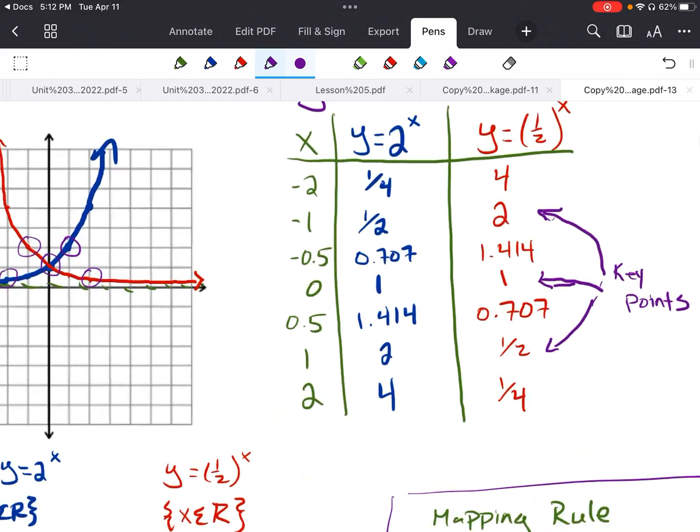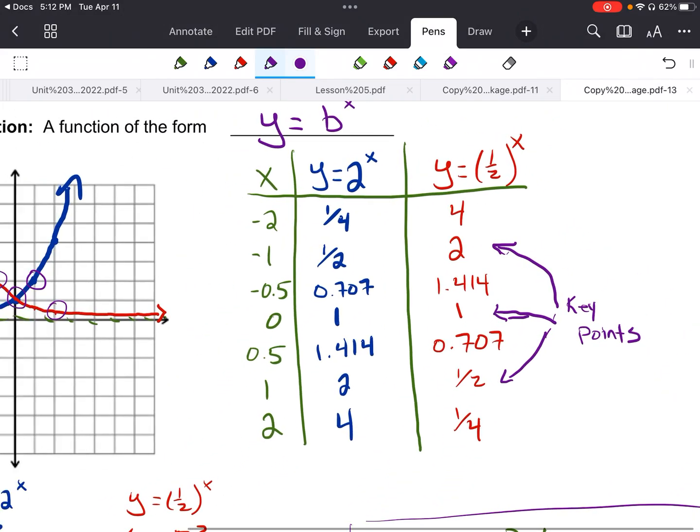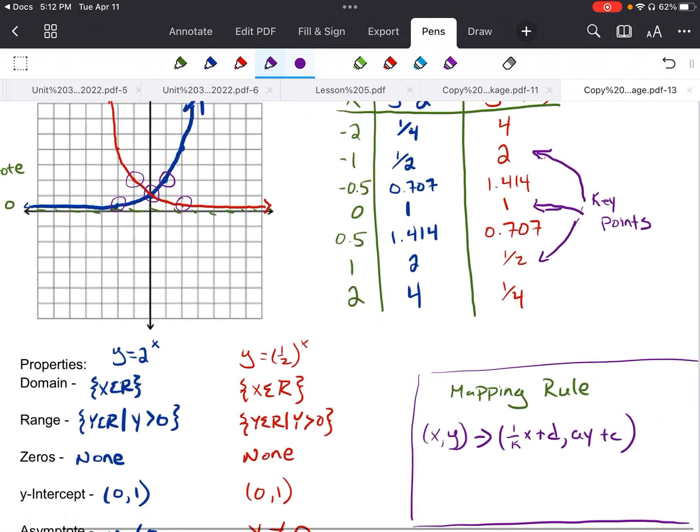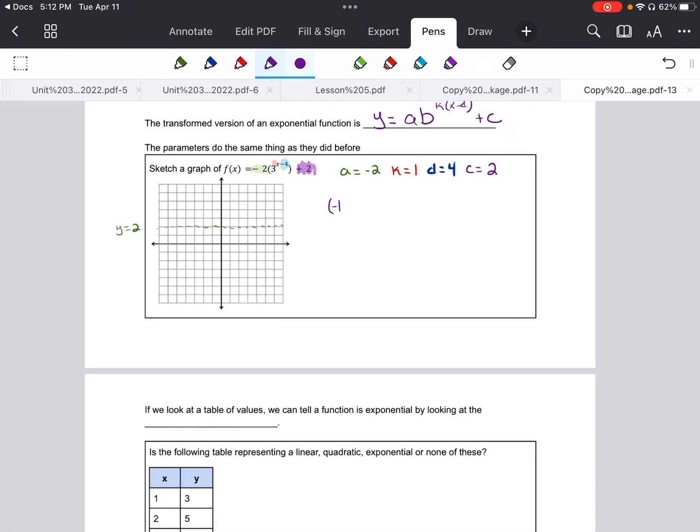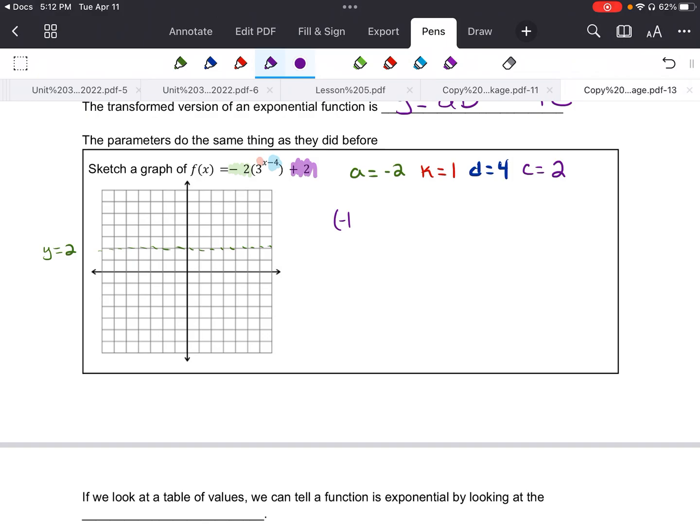So up here when we had 2 to the power x, -1 was 1/2, and our x value of 1 gave us 2, but now we're using a base 3. So it'll be -1, 1/3. It'll still be 0, 1, but it'll be 1 and 3. Those are the key points that we're going to worry about.